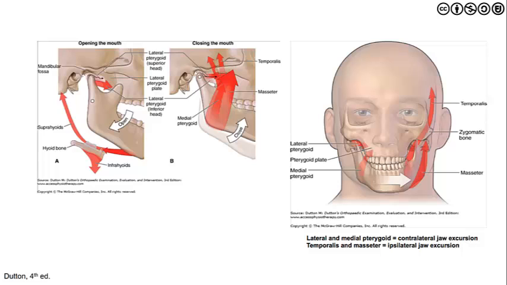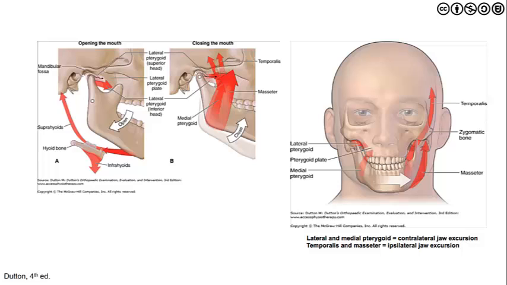And because the mandible is working both left and right, when we have contralateral jaw excursion, which is shown in this image here, we have lateral and medial pterygoid helping with that. When we have ipsilateral jaw excursion, then it's the temporalis and the masseter.